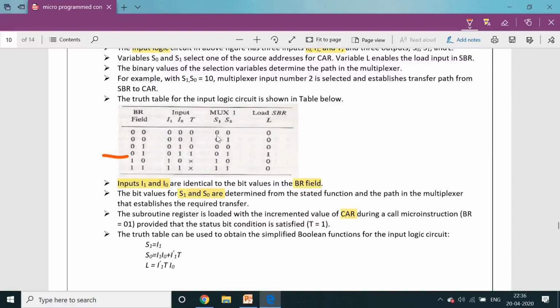This is 0, this is 0; it will generate the same signal. 0, 0, 0, 4 zeros, 1, 1. Same as it is, 4 zeros, 1, 1.